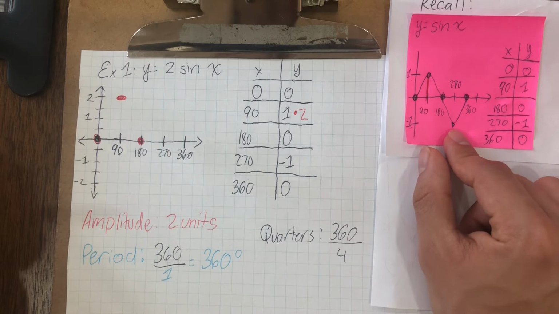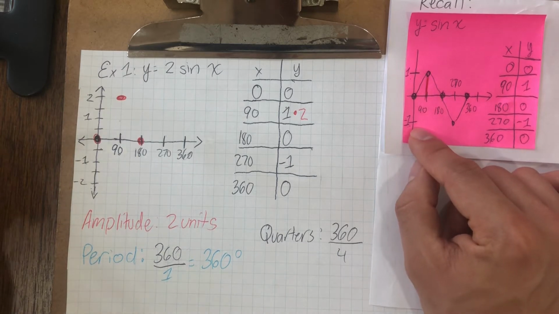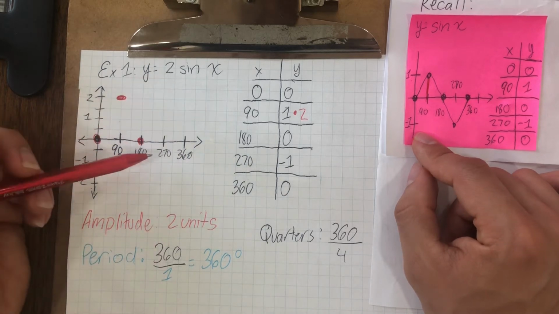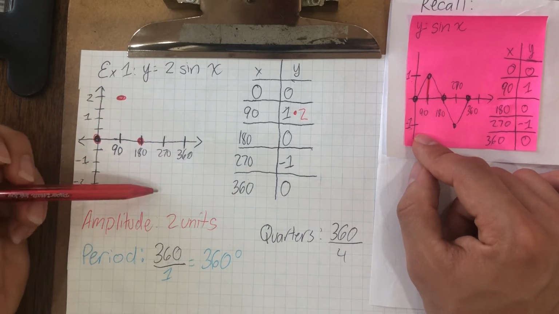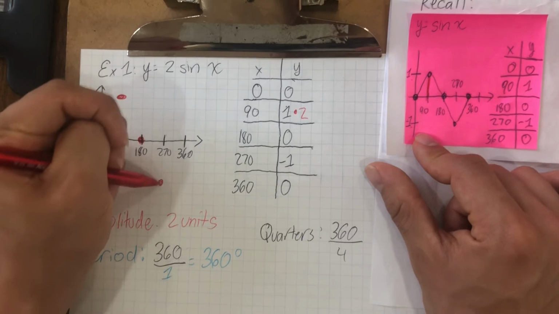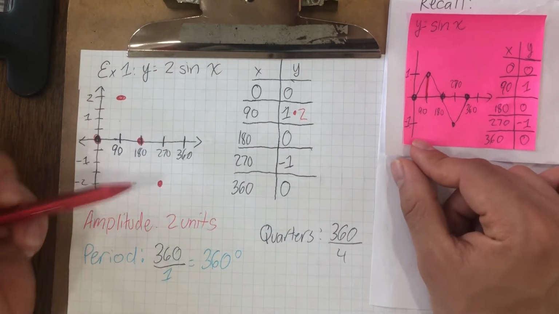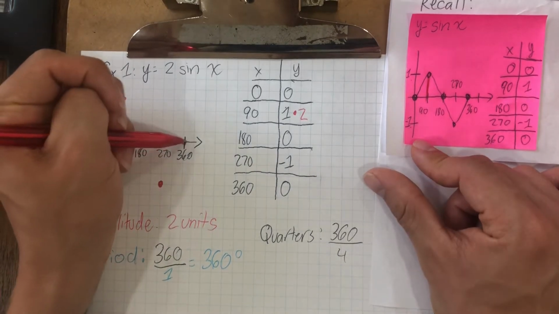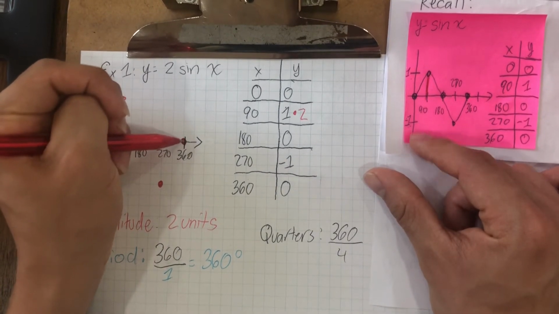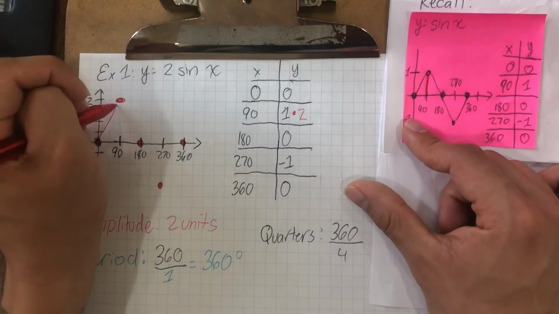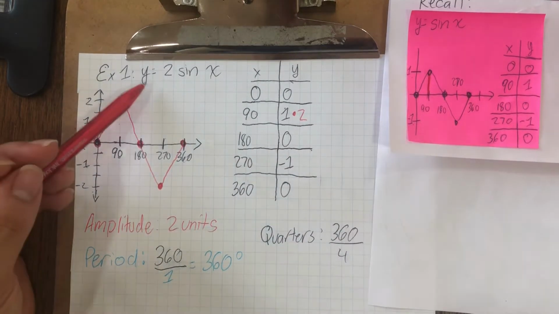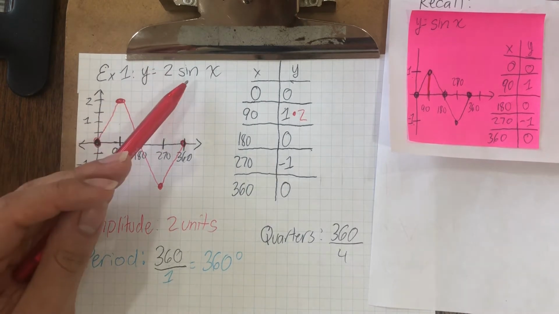Now my minimum point originally was a -1. So since the amplitude is now 2 units for this graph, it's gonna go from -1 to -2. All right? And then we go from min to mid. All right? And then I'm gonna connect my points. So we see we have my graph for y equals 2 times sine of x.